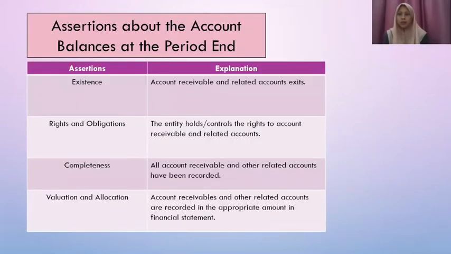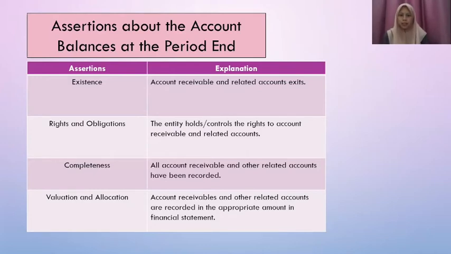Next, we move on to the second category of assertions, which is assertions for the account balances at period end. For existence, accounts receivable and related accounts must exist. So this is the duty of the manager. They need to ensure that these accounts exist. Next, for rights and obligations, the entity holds or controls the rights to accounts receivable and related accounts, meaning management needs to ensure that they have the rights towards the specific account, for example, a lease account, capital lease.